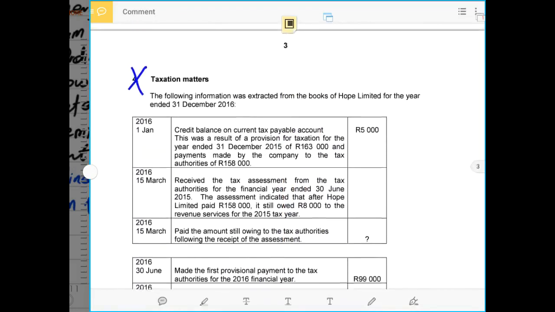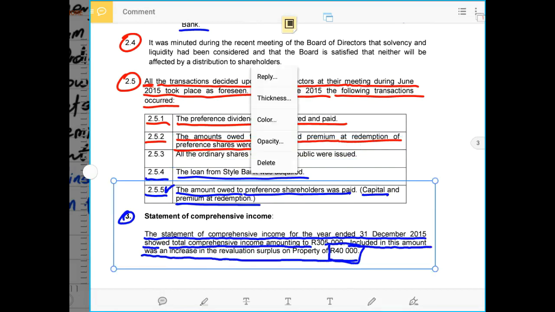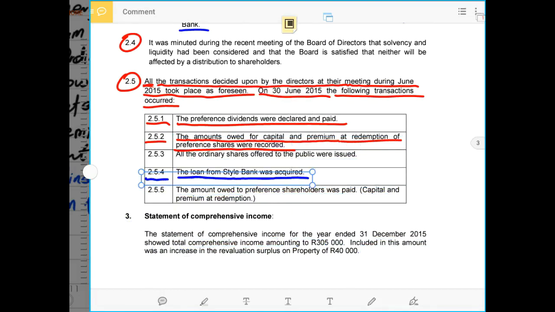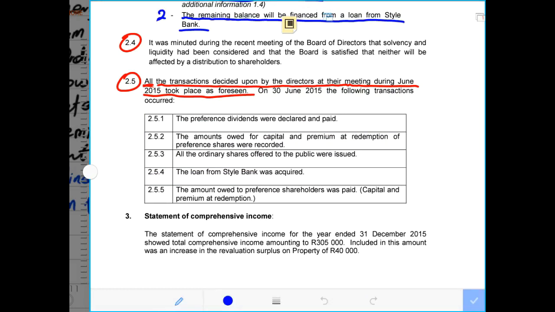So now let us go and check 2.5.2, 2.5.3, 2.5.4, and 2.5.5. These are the entries that they say we must do, and they are already described under 2.5. First of all, 2.5.2 says the amount owed for capital and premium at redemption of preference shares was recorded, not paid.